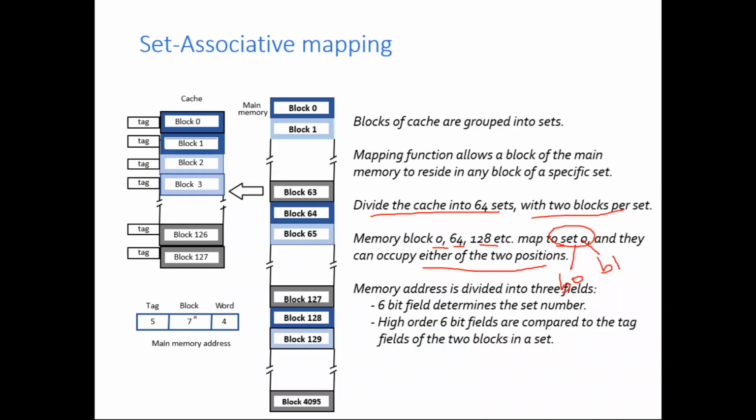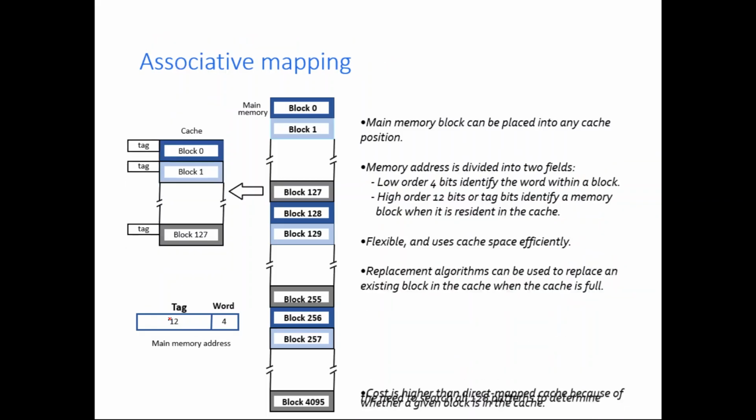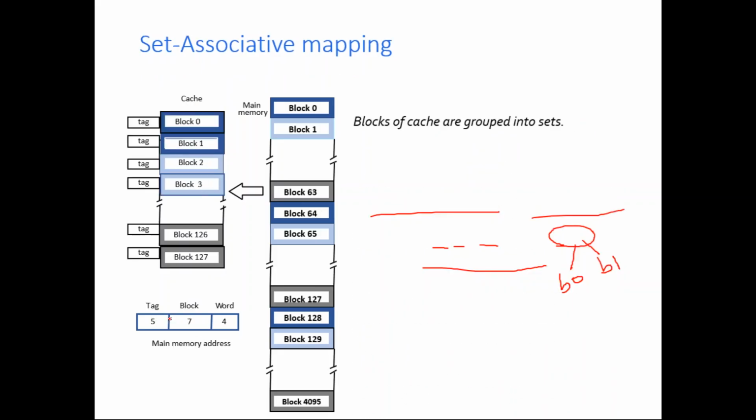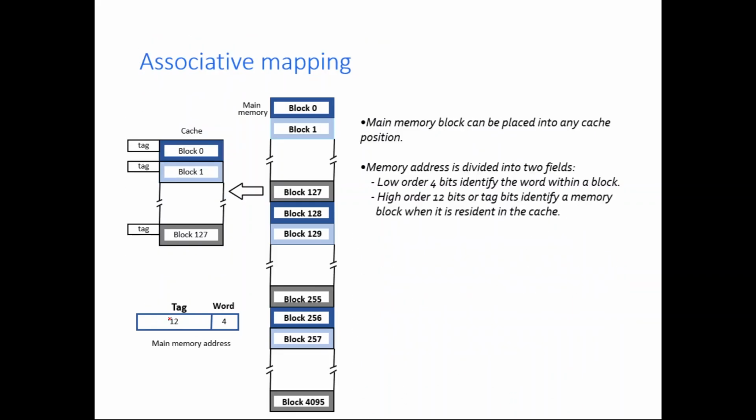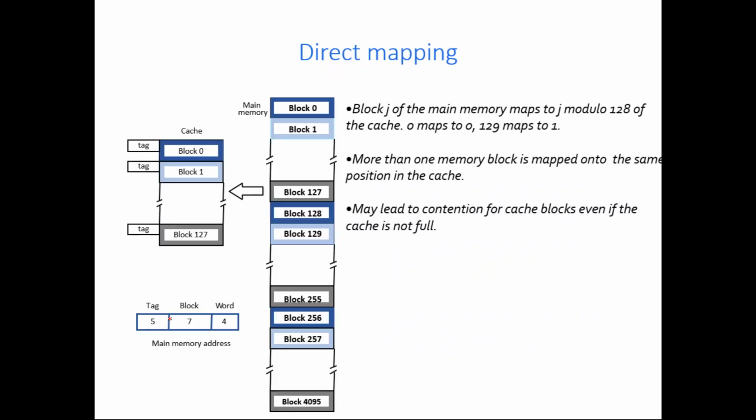See in this diagram, what we are discussing is that the 6-bit field determines the set number. This corresponds to the first case. In direct mapping we discussed tag, block and word.